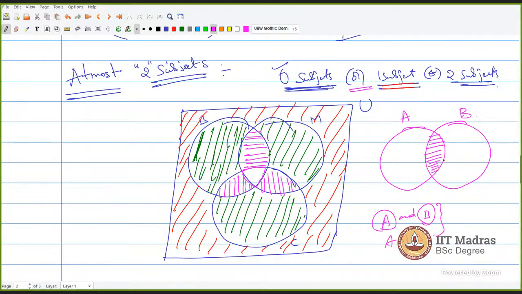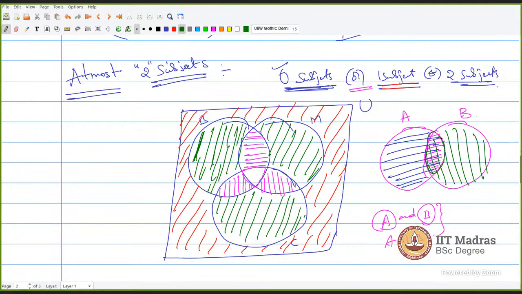Observe which region we are shading: the common region between both A and B. So when I say A and B, we are including this common part.